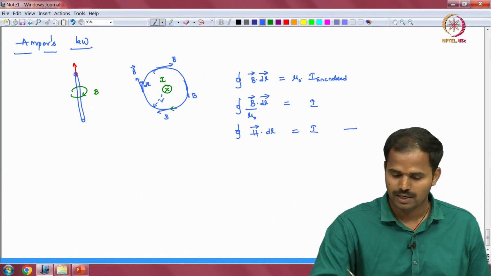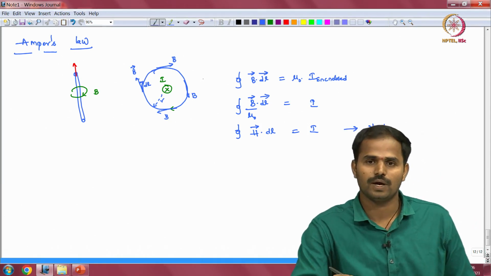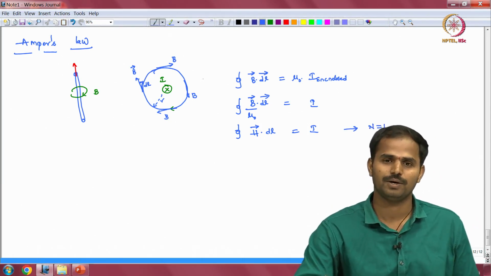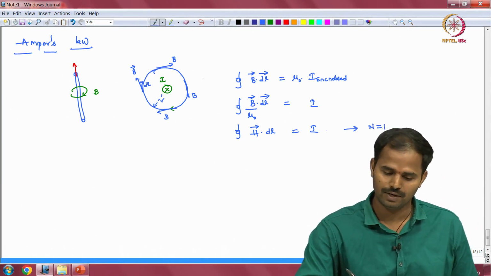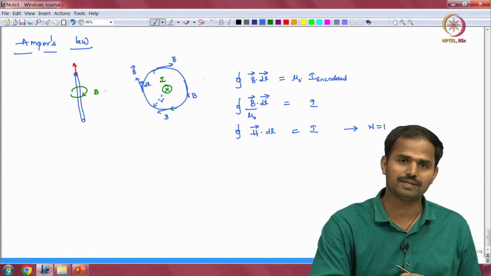This is for a single turn, if n equals 1, or number of turns per unit length equals 1, then it will be this equation. Here we have considered a single conductor.